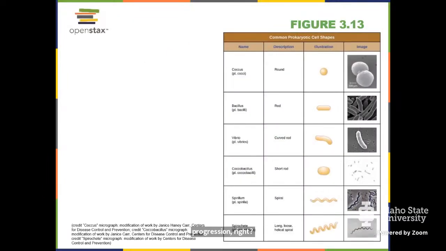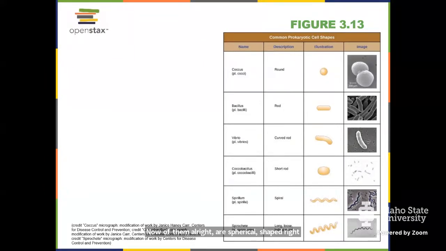And when we look at them, sizes and shapes are varied. All right. They are all microscopic, and we've got some electron micrographs on the side to give us maybe a little more detail. All right. So coccus, as I said, or cocci, if we're saying many of them, are spherical shaped, right?